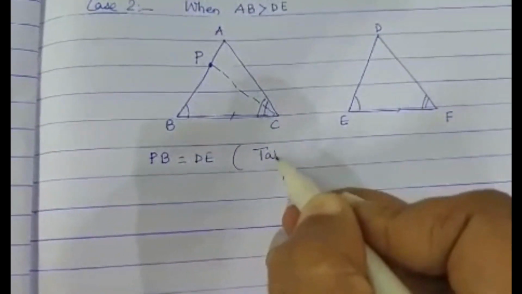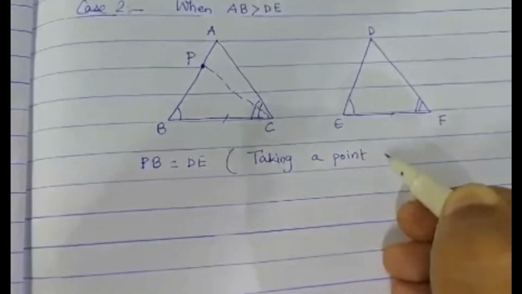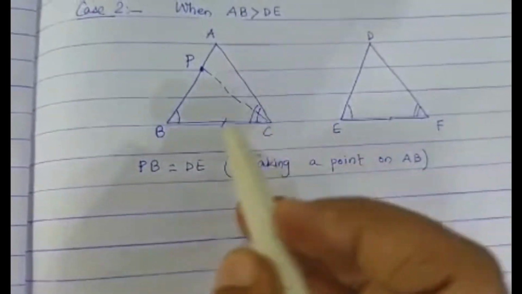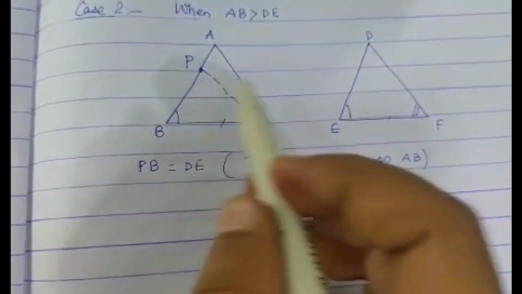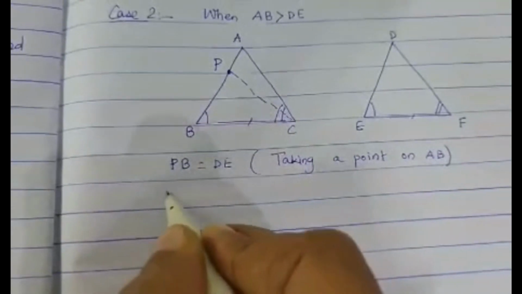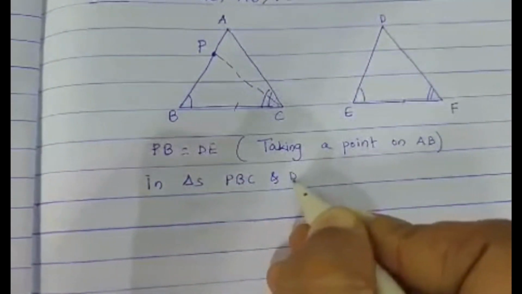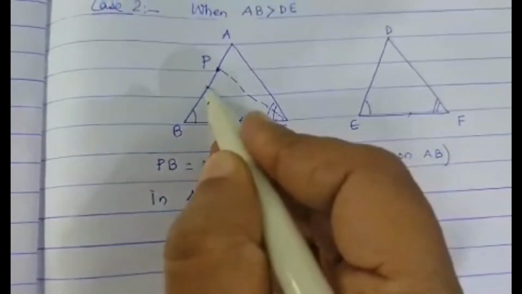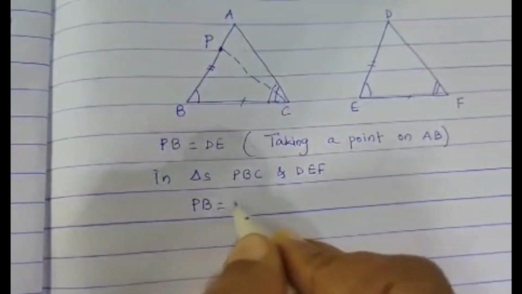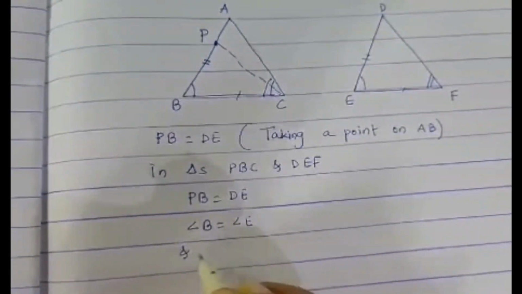We are taking a point P somewhere in AB, such that this PB is equal to DE, because we have assumed that this AB is greater than DE. Now in triangles PBC and DEF, PB equal to DE, angle B equal to angle E and BC equal to EF.